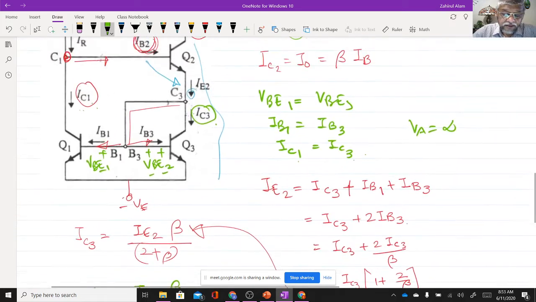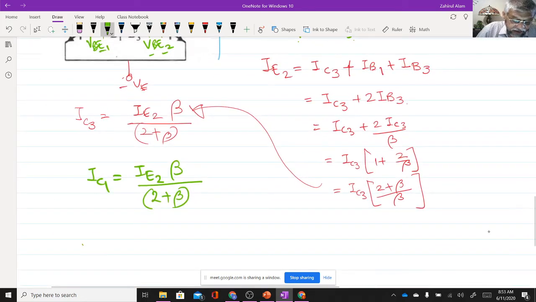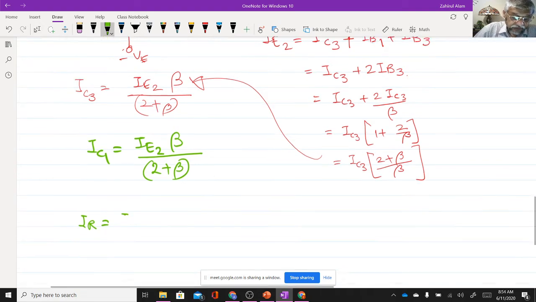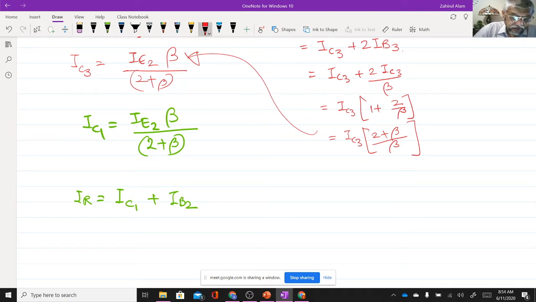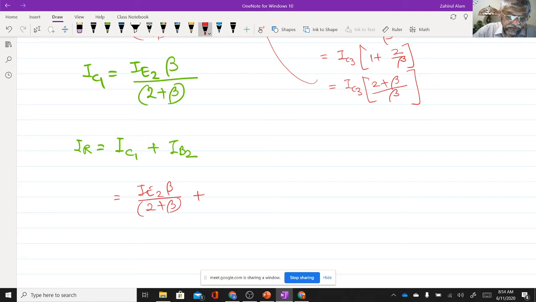So now our equation is IR equal to IC1 plus IB2. Now we substitute this one, which is IE2 divided by beta over 2 plus beta, plus IB2. But the output current is IC2.